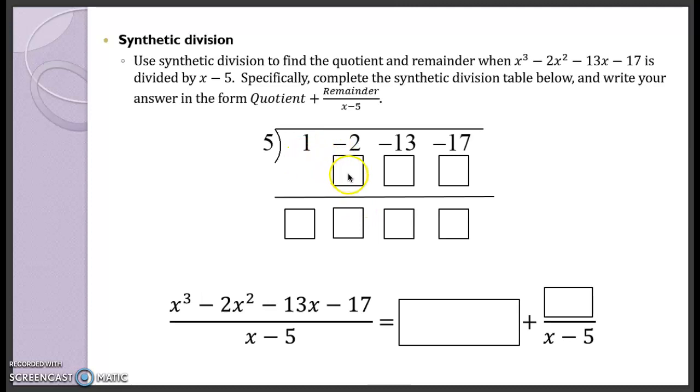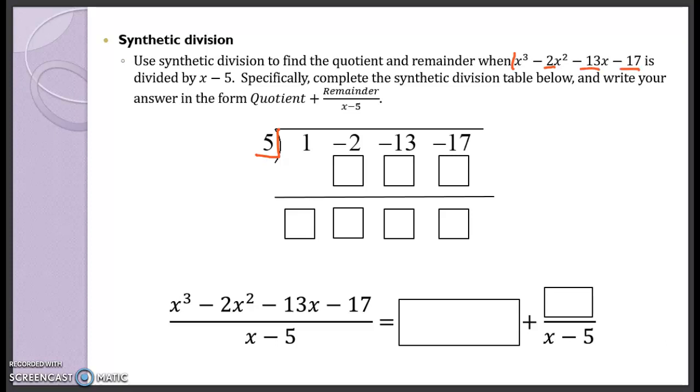When we're doing synthetic division, we're going to put the 5 in what I like to call the magic box. And then we're going to put the coefficients of our dividend, 1, negative 2, negative 13, and negative 7. Those are what that's coming from.